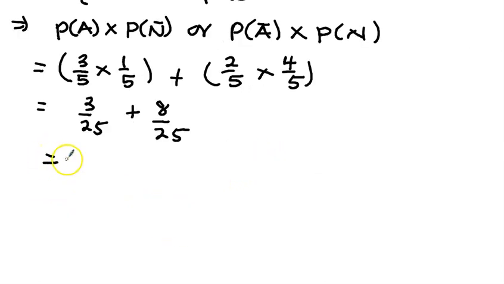So we have 11 over 25. Since the denominators are the same, we just add the numerators. Now we were asked to correct our answer to 1 decimal place. So we have 0.44 when you convert this. So 1 decimal place will be 0.4.